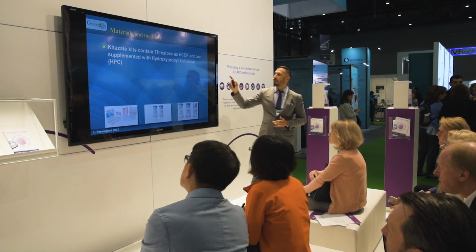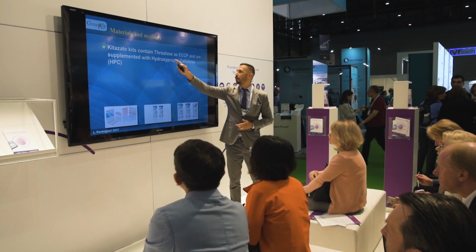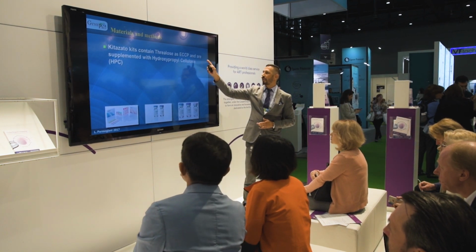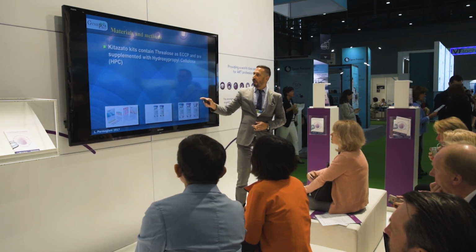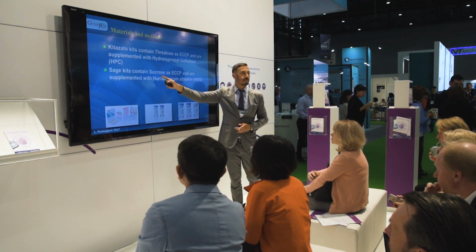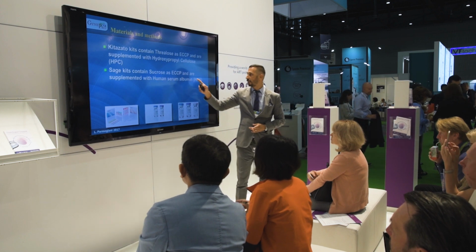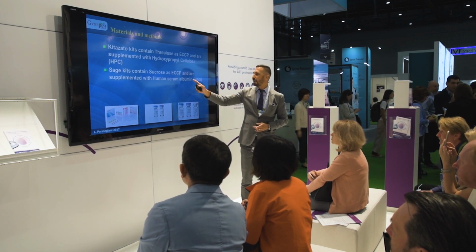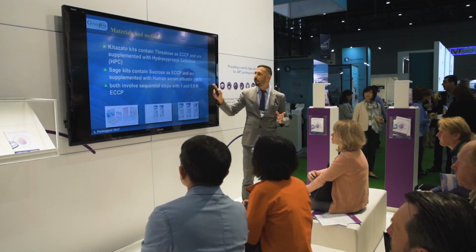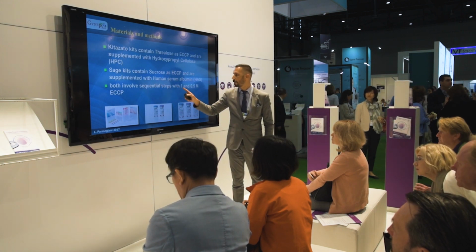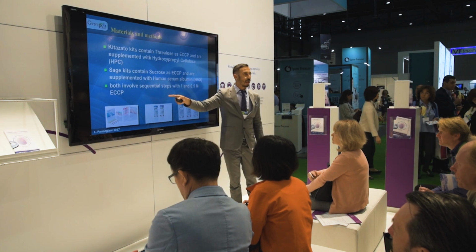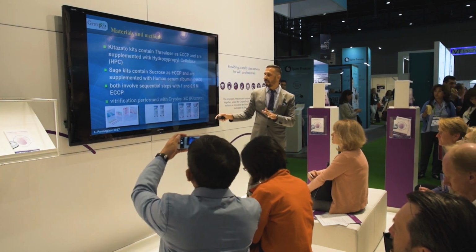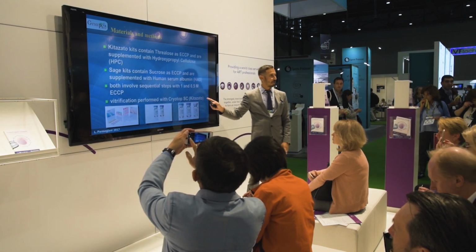It's very important to point out that Kitazato contains 3 alloys as extracellular cryoprotectant and is supplemented with hydroxypropylcellulose, and SAGE contains sucrose as extracellular cryoprotectant and is supplemented with human serum albumin. Both involve sequential steps with 1 and 0.5 molar of extracellular cryoprotectant. To perform this study, we used the cryotop carrier.